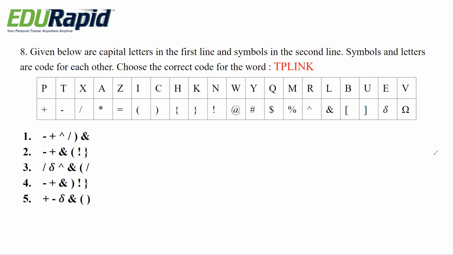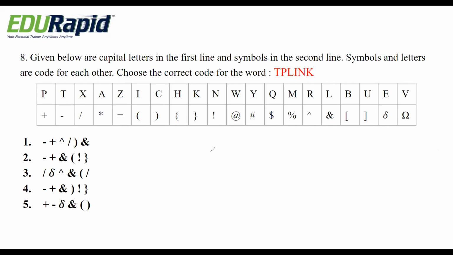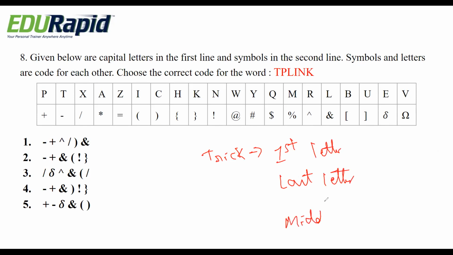Here also use the trick I told earlier: first letter, last letter, and middle letter. The first one is T and the last one is K. For T it is minus, and for K it is closed flower bracket.